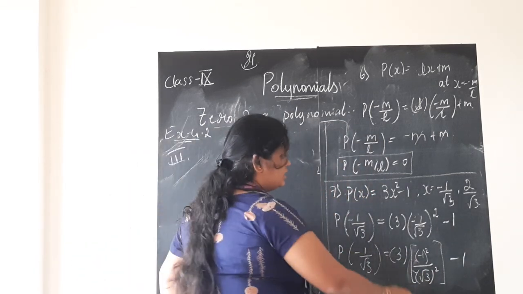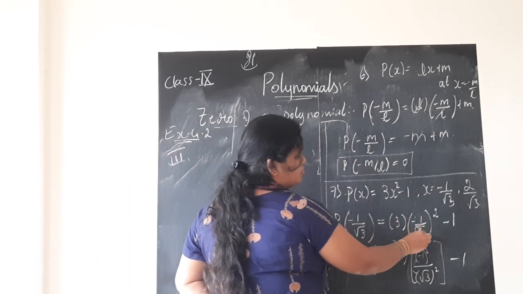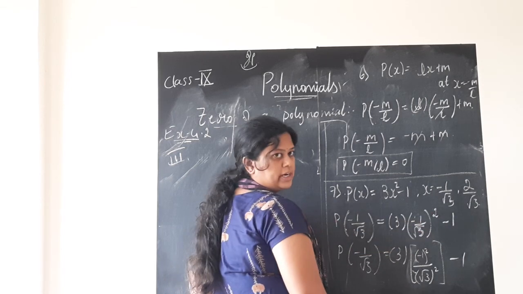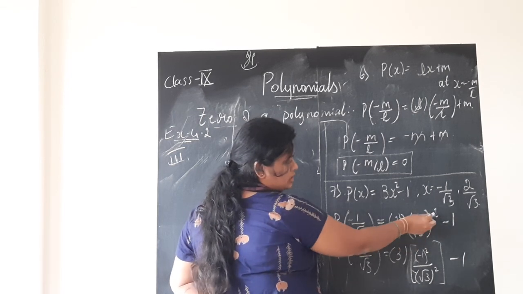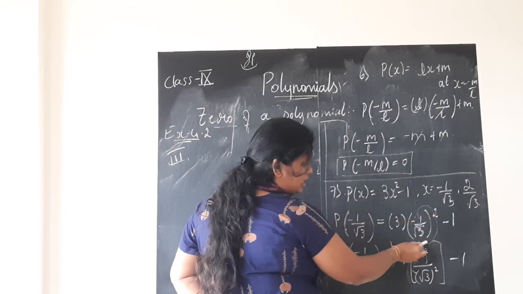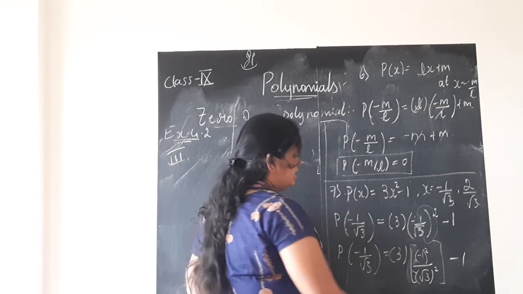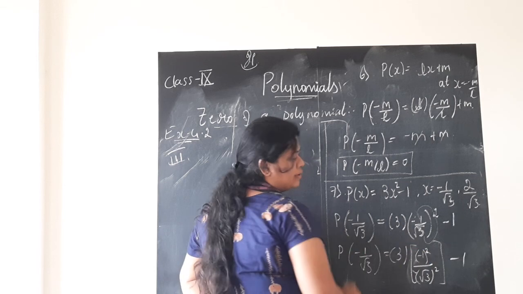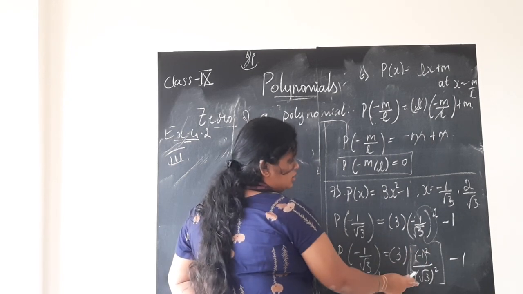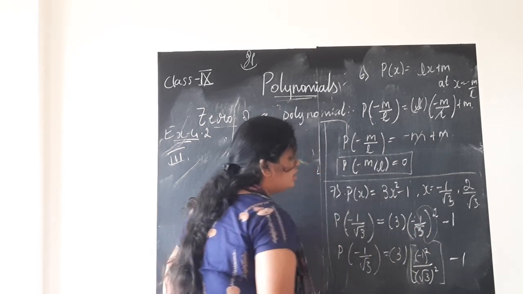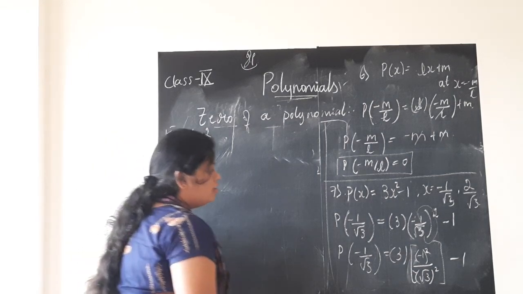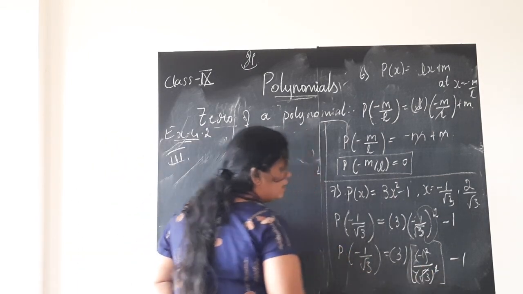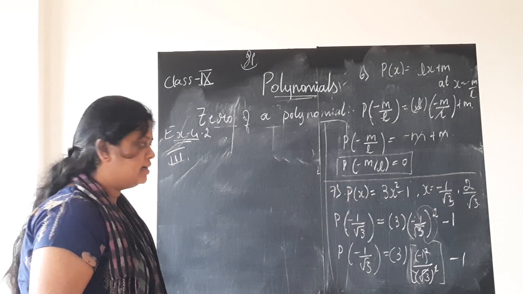What did I do in this step? I had minus 1 by square root 3 whole square. So whole square means this square is applied to the numerator as well as to the denominator. That is what I am doing: minus 1 whole square in the numerator, square root 3 whole square in the denominator. Look here, square and square root will get cancelled.